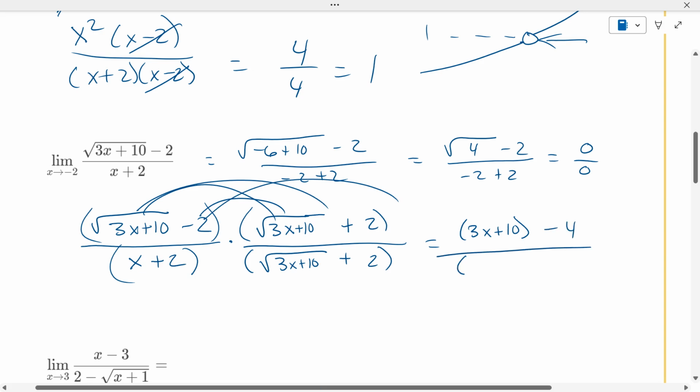In my denominator, I'm just going to leave it the way it was, because I don't want to try to multiply that. That's too complicated. That would take too much brain power, and I don't want to use a lot of brain power right now. So if you take negative 2 and stick it here, 3 times negative 2 plus 10 is what?